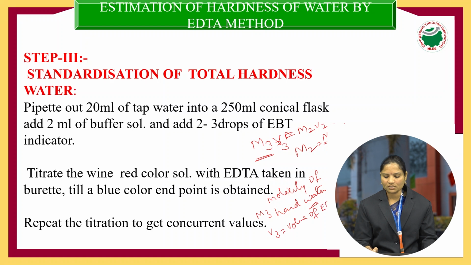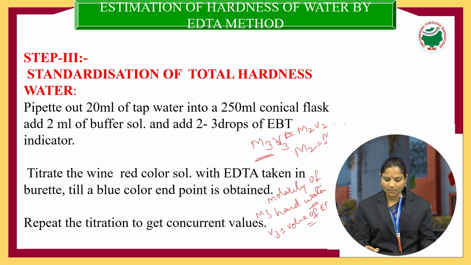When the solution color changes from wine red to pale blue color, every step we have to repeat the procedure three times, then you will get the concurrent values. Then you have to take that accurate concurrent value. From that we have to find out the M1 value, M2 value, and also the M3 and M4 values.